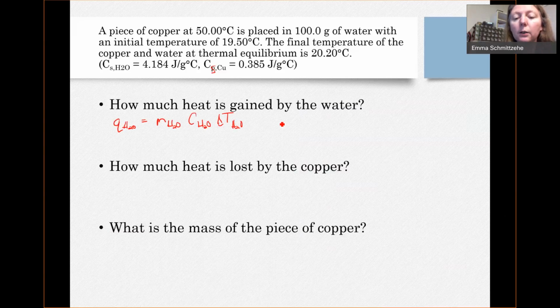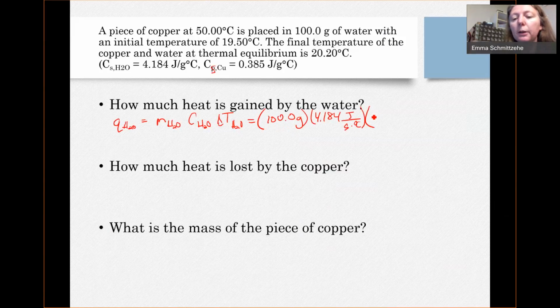Let me just continue this equation. Equals the mass of water, 100.0 grams, and then the heat capacity is 4.184 joules per gram degrees C.